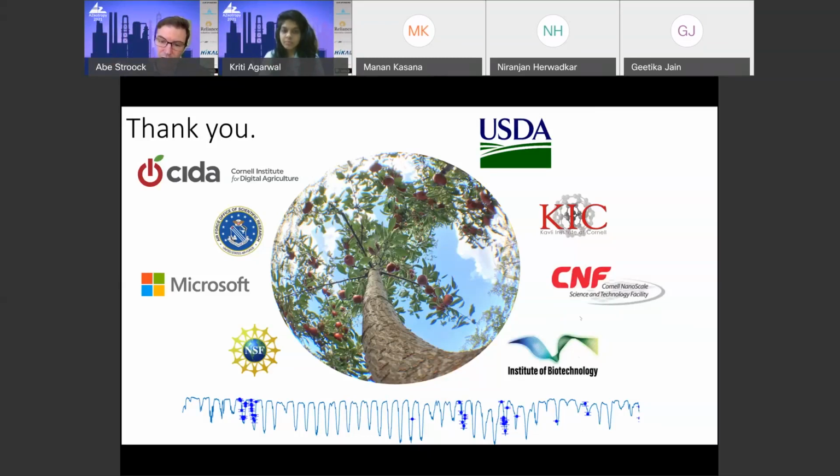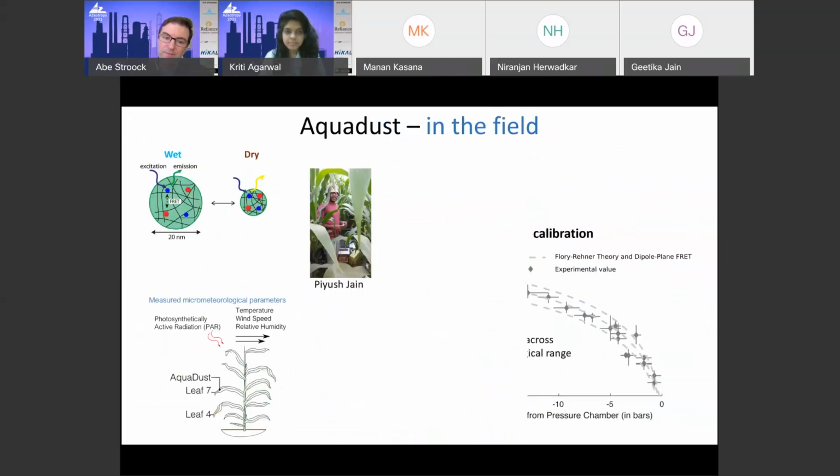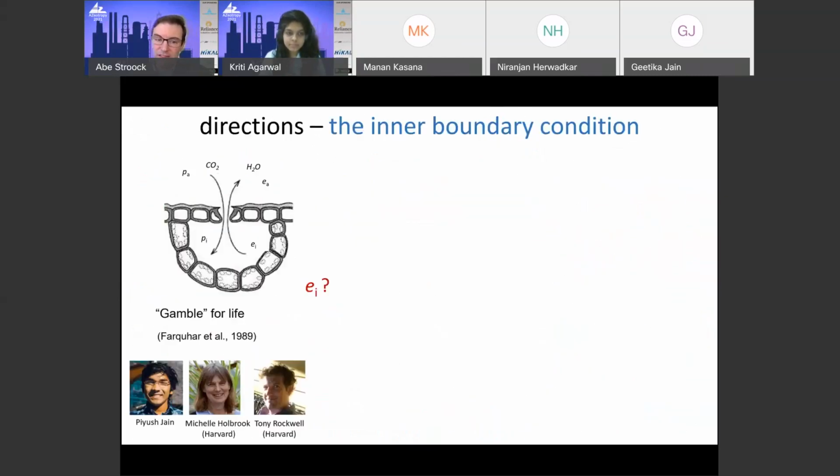And I'll tell you, one of the things we're excited about with this new tool is, so this is a detailed view of a stomate and the exchange of CO2 and water.